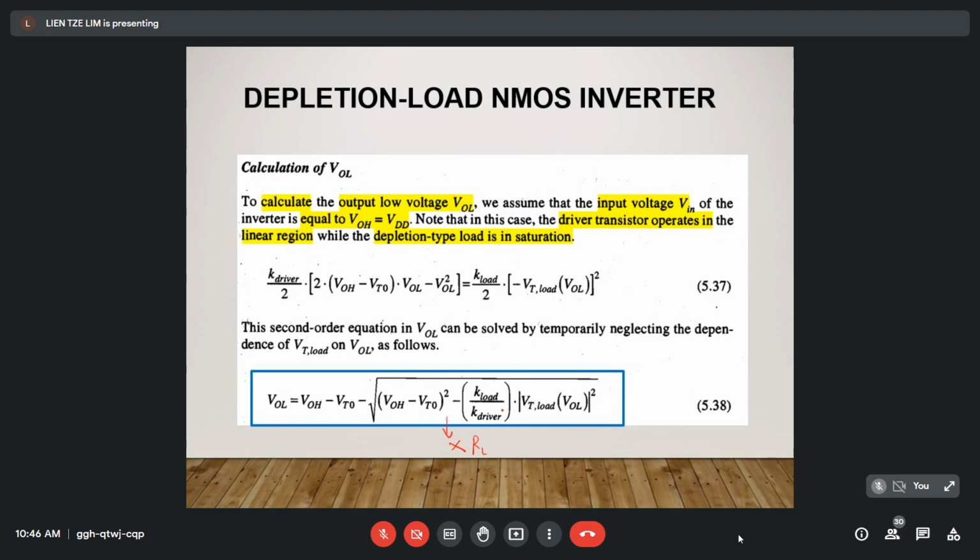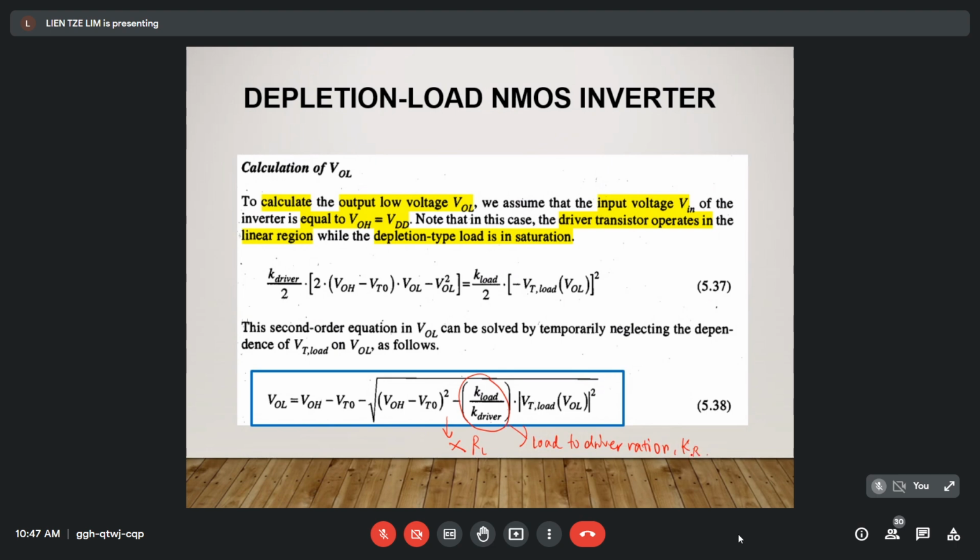In this formula, there is a K load over K driver. You see the term here. We call this term the load to driver ratio. Sometimes it is written as KR.